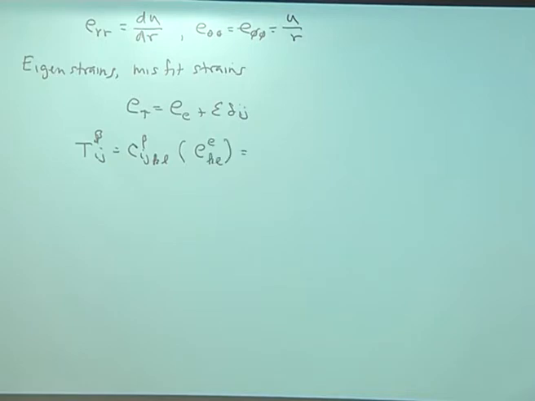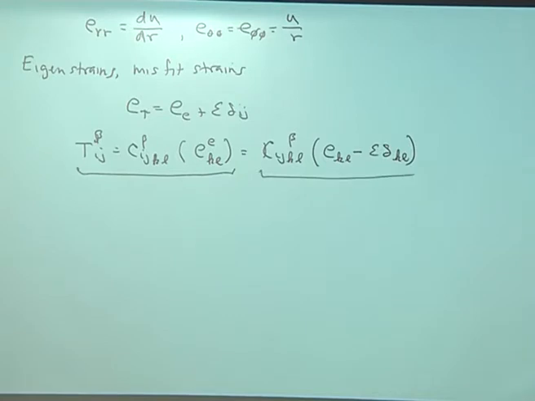And so this is going to be related to the difference between, okay? That's just Hooke's law, right? Elastic strain times elastic constants gives you stress. This over here is what happens when you have an eigenstrain or a misfit strain.